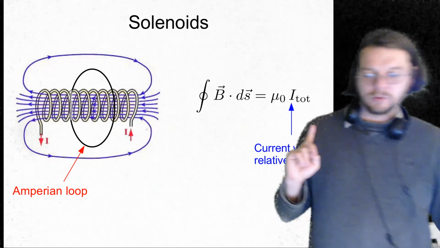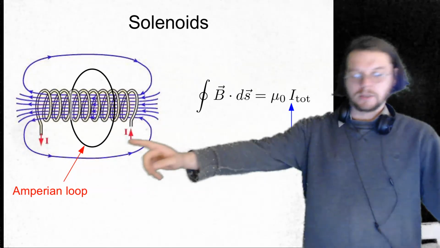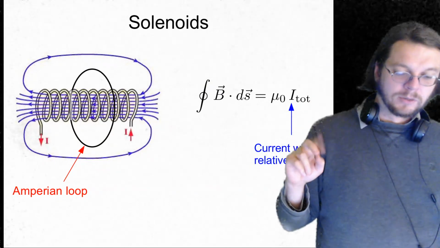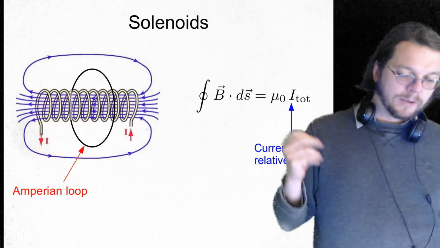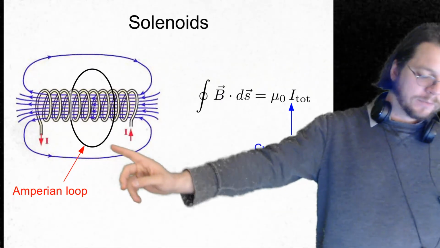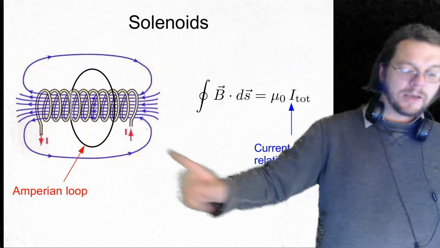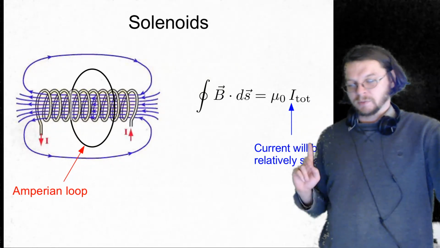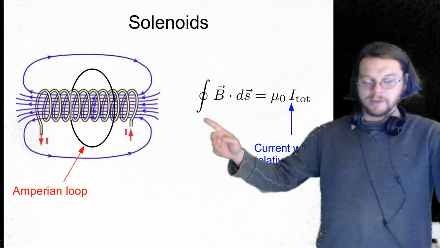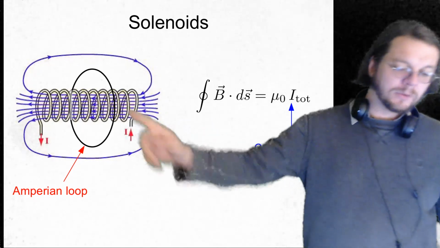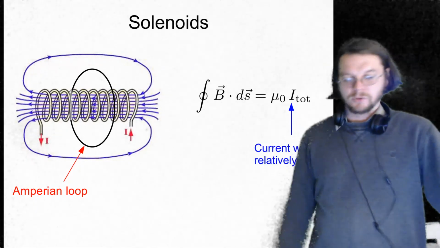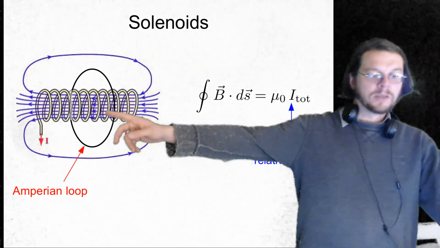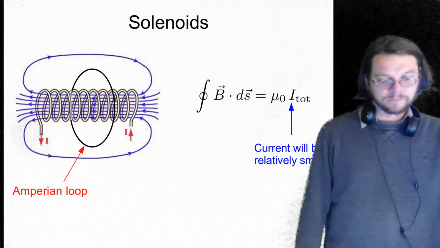So if you add up the net current through it, sometimes I write this I through, I_th, the current through it, that current is just going to be I. It's not going to be like I times 10 or anything like that. So the current is going to be relatively small through the Amperian loop, and the magnetic field is going to be relatively small because it's all the way out here. So this is not such a useful Amperian loop if our goal is to figure out what the magnetic field is inside of this thing.